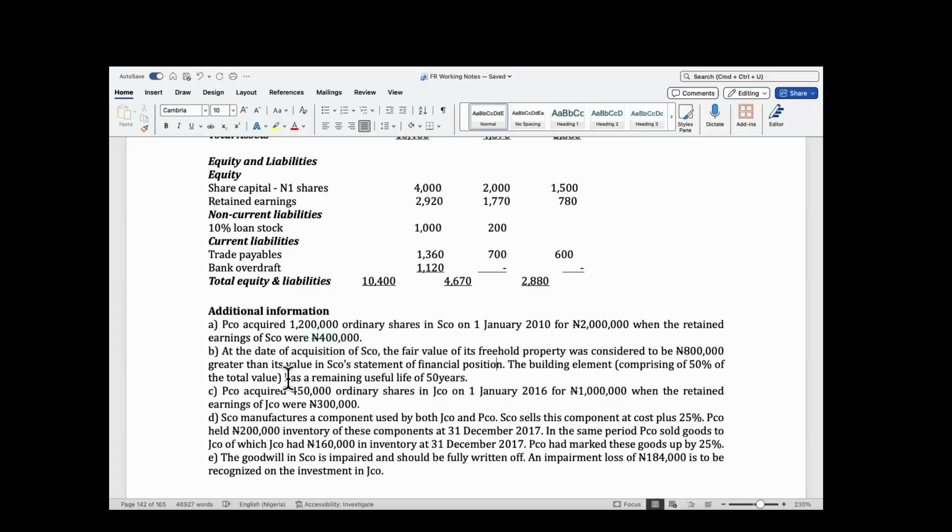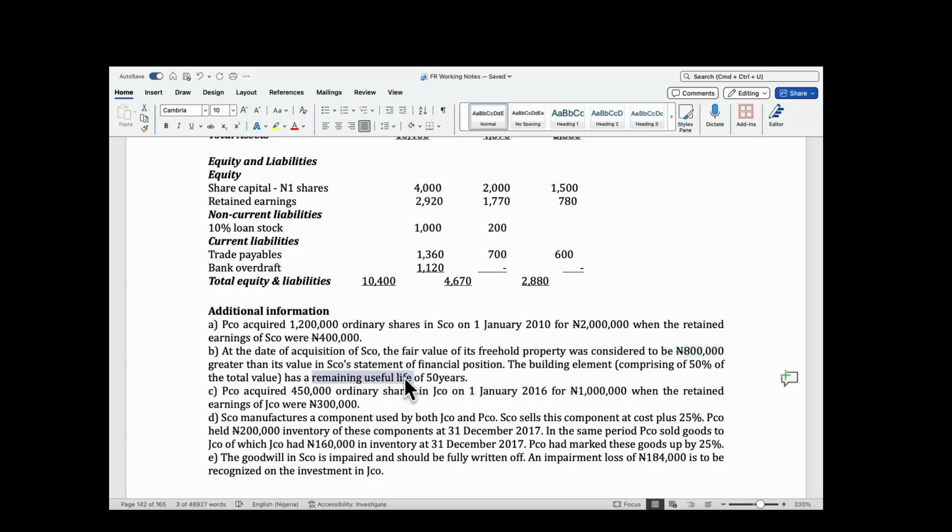The building element has a remaining life of 50 years. So this is talking about revaluation surplus. There's a revaluation surplus of 800, which you are going to add to the freehold premises of ESCO. And we're also going to add it as part of net assets acquired because it's a pre-acquisition reserve.